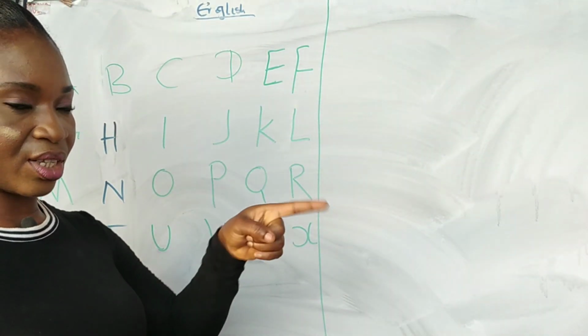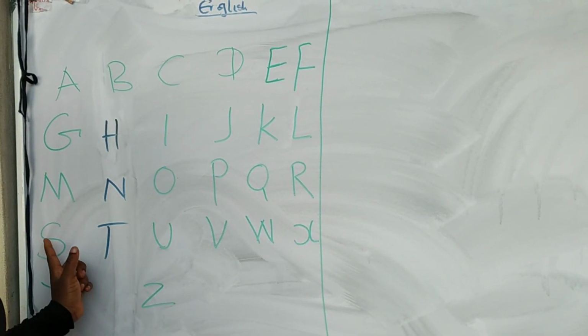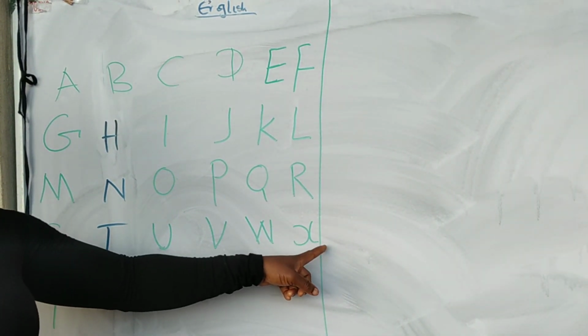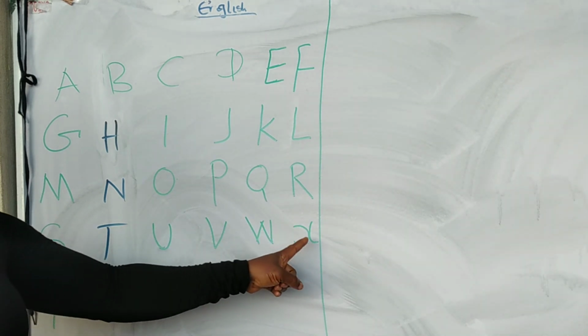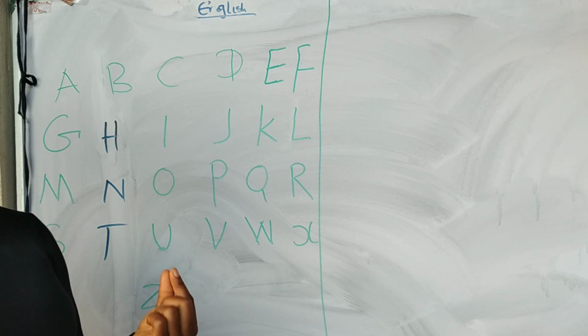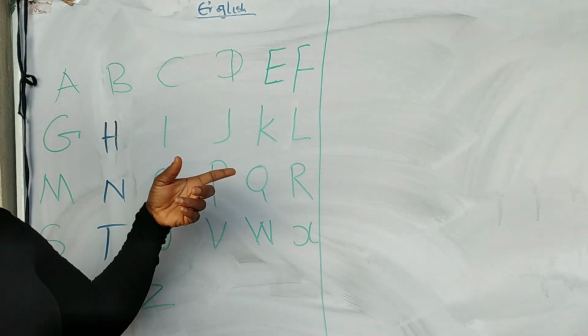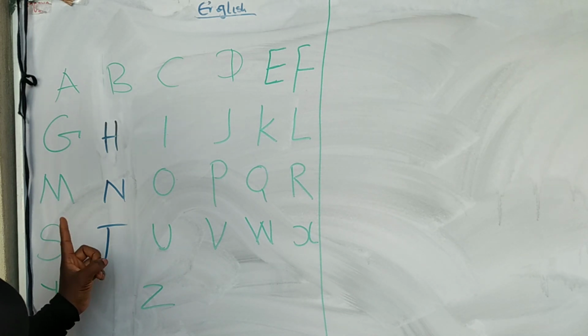Okay, now the next one is the S sound. This is the S, and S and C. It sounds similar to the C right here. So you have this S and C sound.